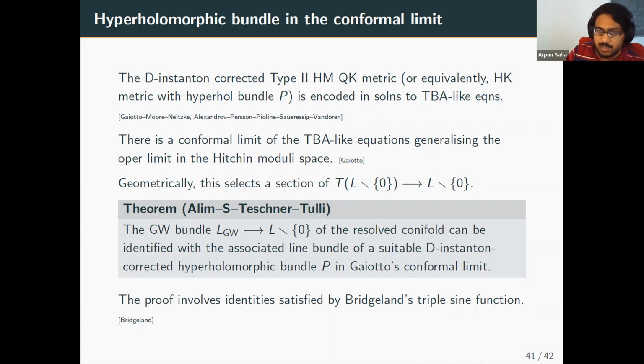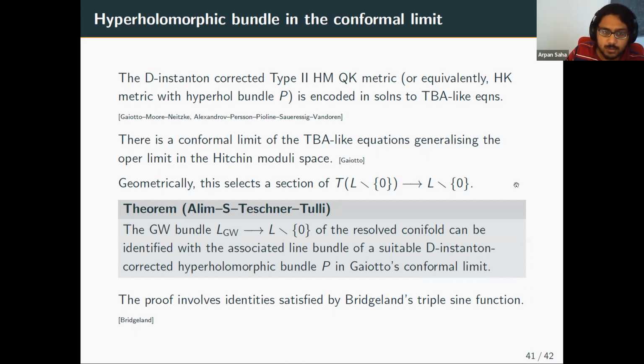And what that geometrically does is it selects a section of the tangent bundle of the total space of L with the 0 removed. But this was precisely the space on which the Gromov-Witten line bundle L_GW was defined. And the final result is basically that this GW bundle can be identified with the associated line bundle of the D-instanton corrected hyperholomorphic bundle P in Gaiotto's conformal limit.